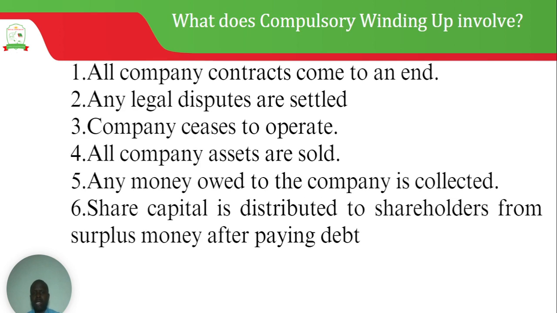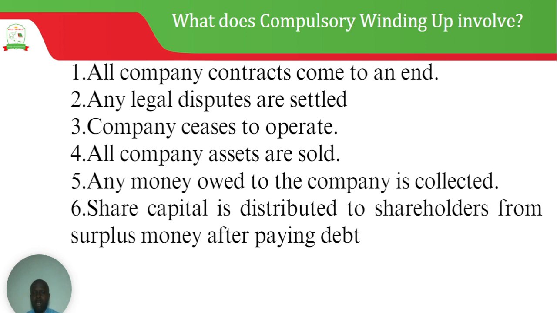Now, what does compulsory winding up involve? If the courts give orders that you now need to stop your businesses or carrying out any transactions using that particular company that has been ordered to compulsorily wind up. Number one, all company contracts come to an end.